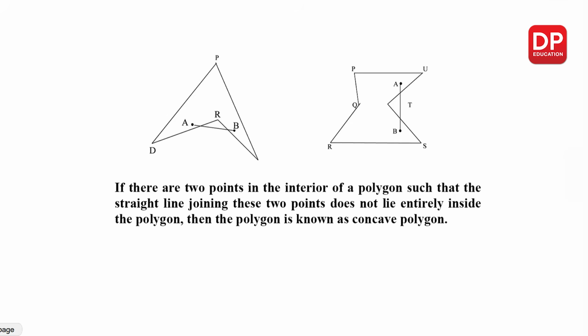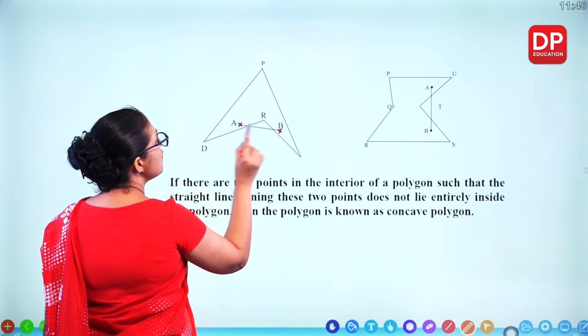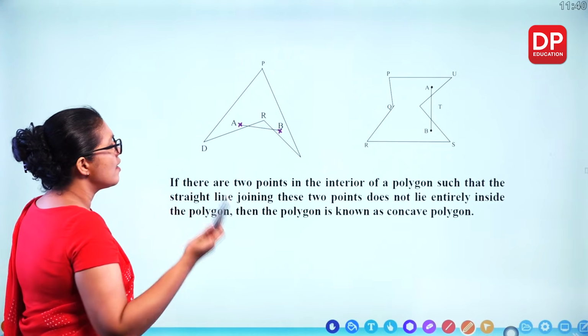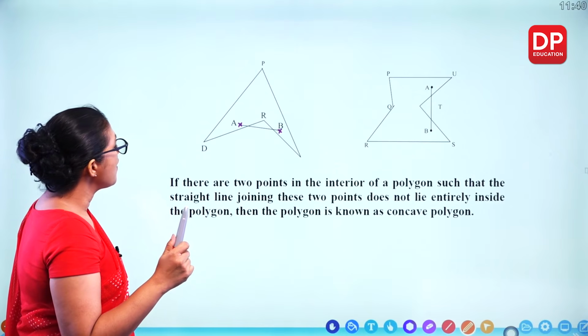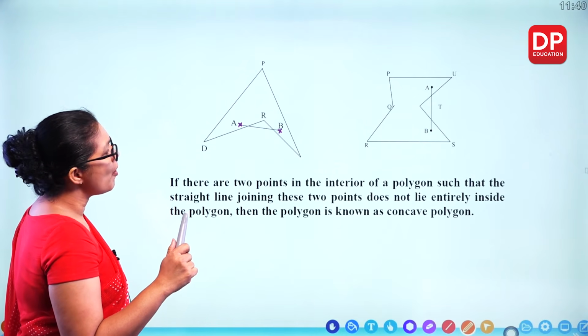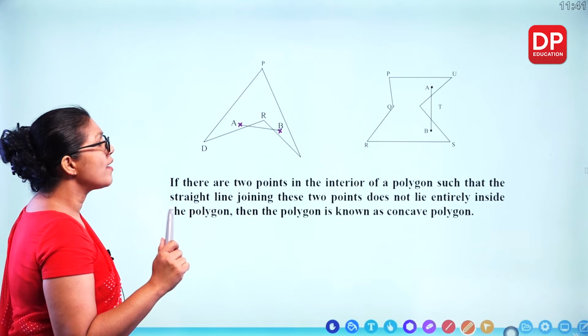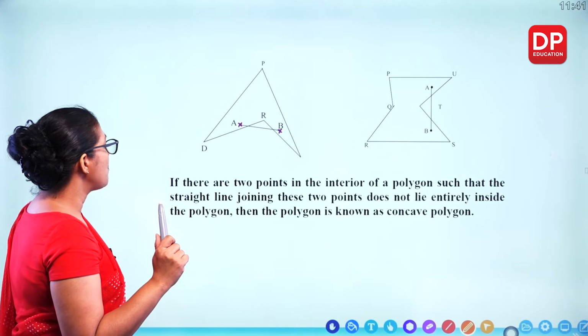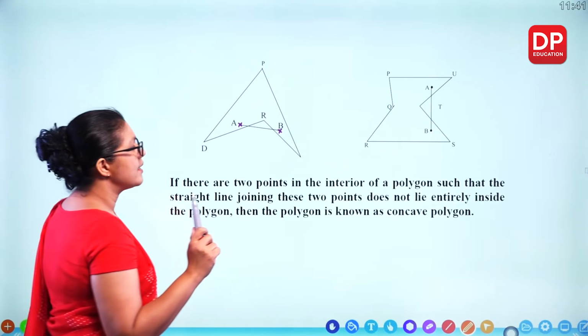Now look at these diagrams. These are also polygons, closed plane figures. But when you connect 2 points inside, what happens? The line goes outside the polygon. If there are 2 points in the interior of a polygon such that the straight line joining these 2 points does not lie entirely inside the polygon, then the polygon is known as a concave polygon.